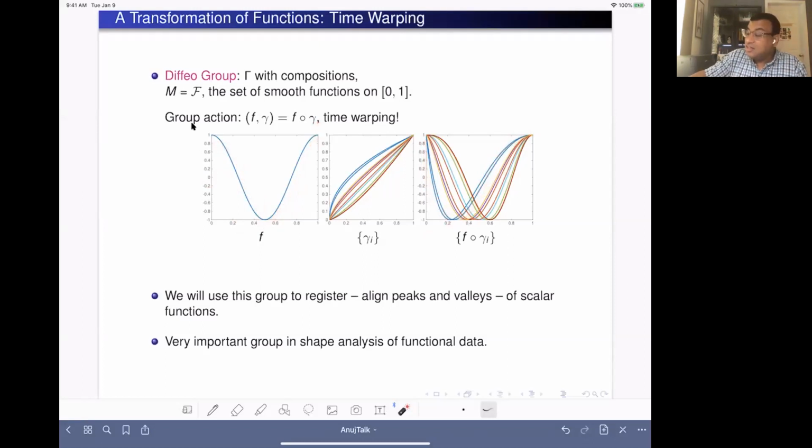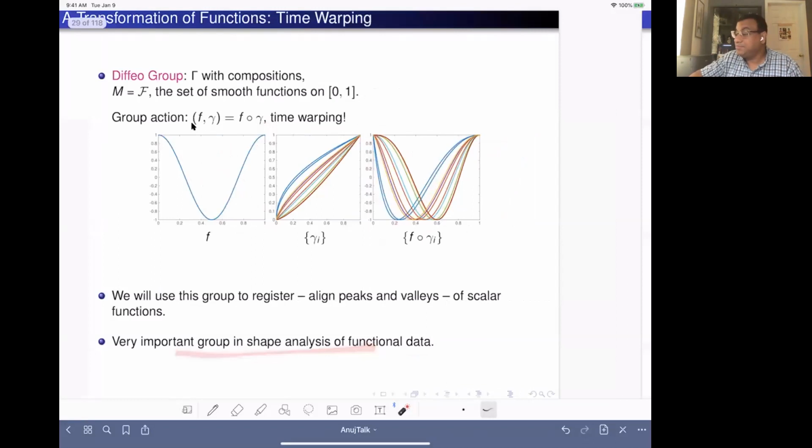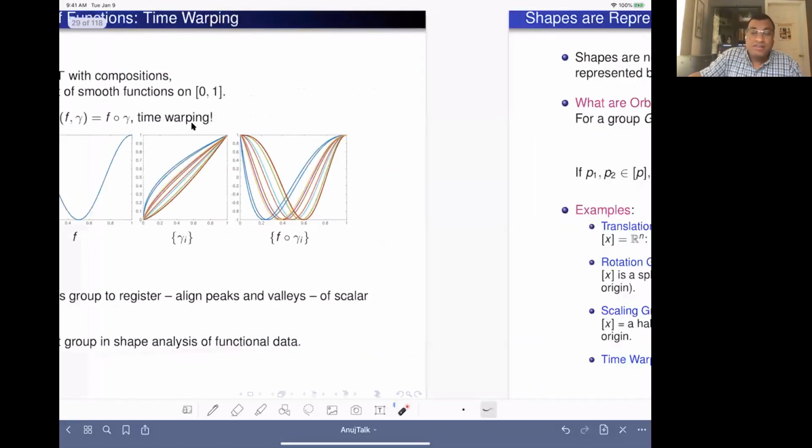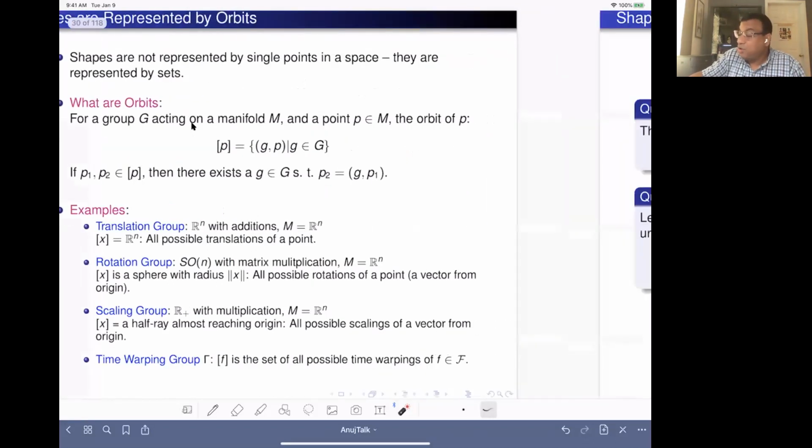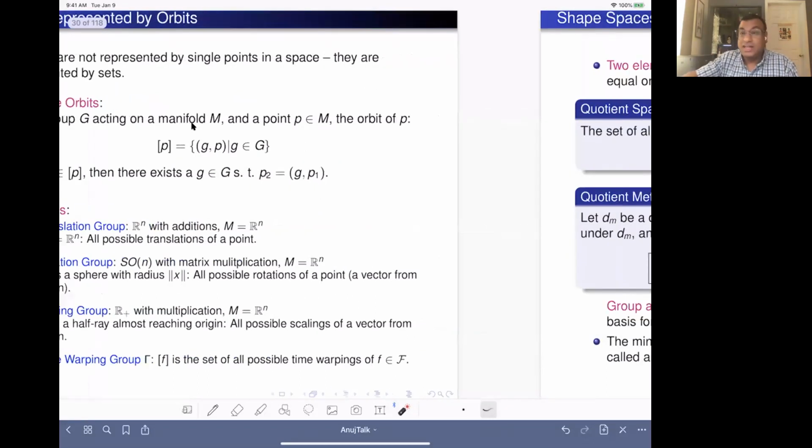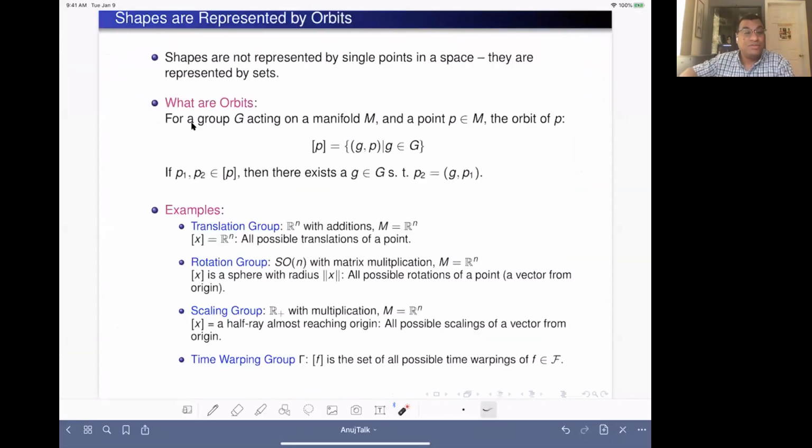And so this is another kind of group which is very important for shape analysis, as we'll see. Now, I want to end this introduction with a little more mathematical end note, which is important for shape analysis. Shapes are not represented by single points in any space. You cannot say I have a triangle, a set of 3 points, and that set of 3 points represents a shape.